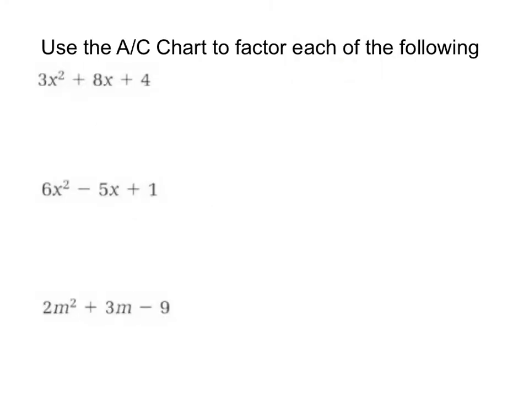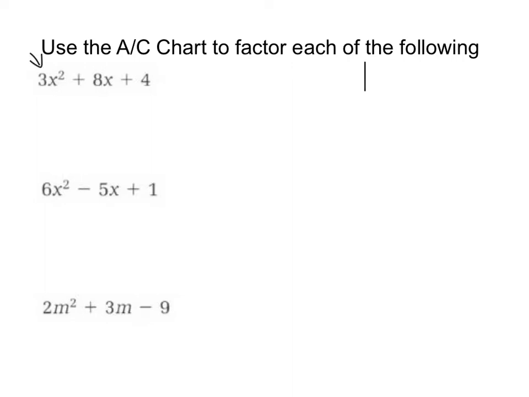First of all, we're going to do these three examples using the AC chart, and we're going to factor them completely, or make them as simple as we possibly can. In order to do the AC method, we want to think of all the ways of getting the a value. That would be the 3 in our first example, this number right here.